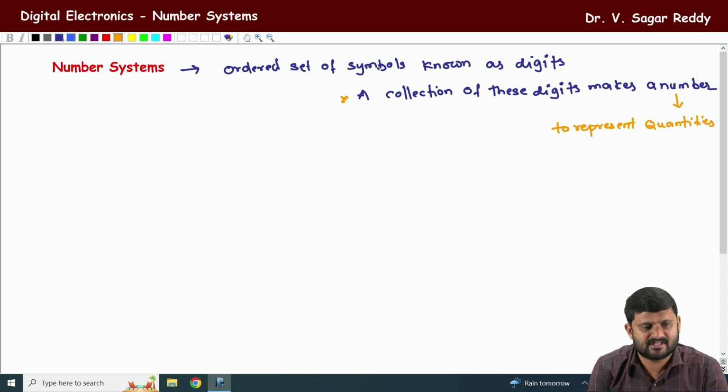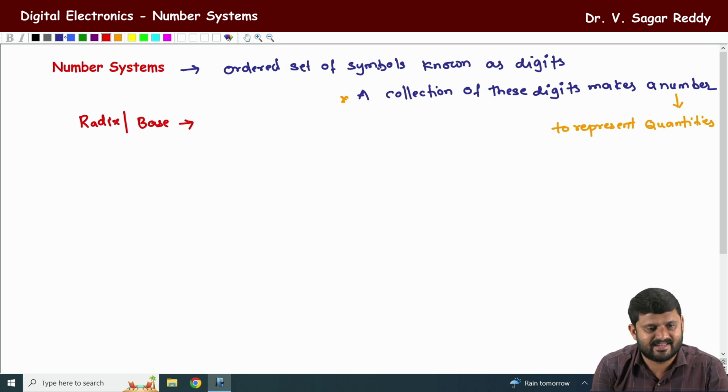So each and every number system has a radix. We can call it a base, radix or base. So what does radix indicate?